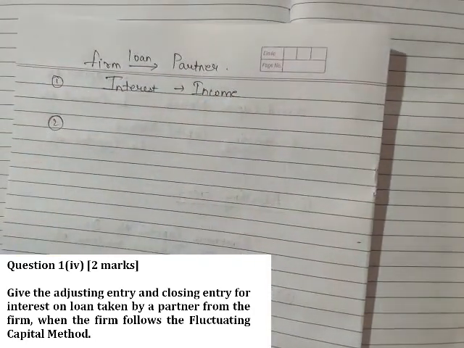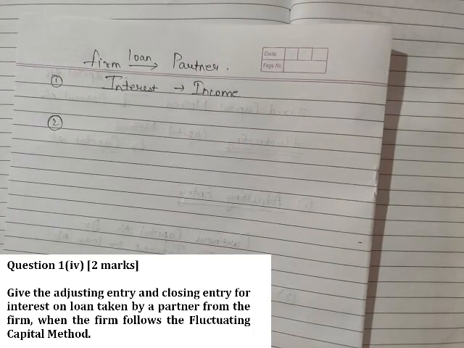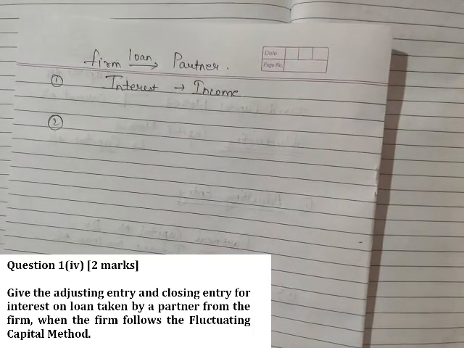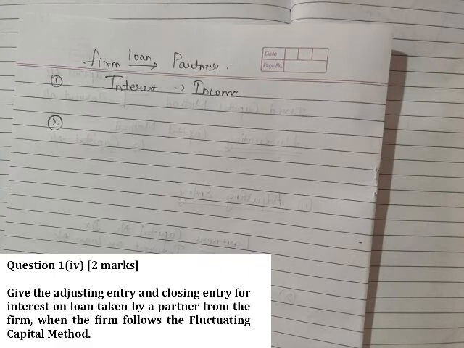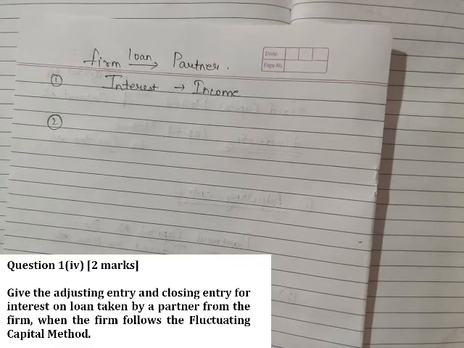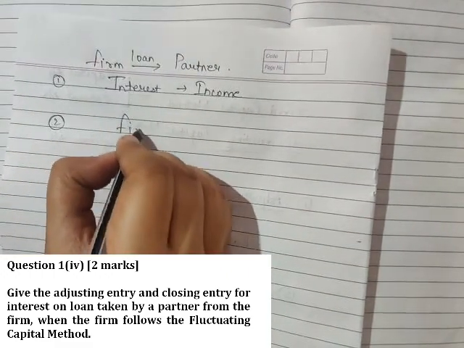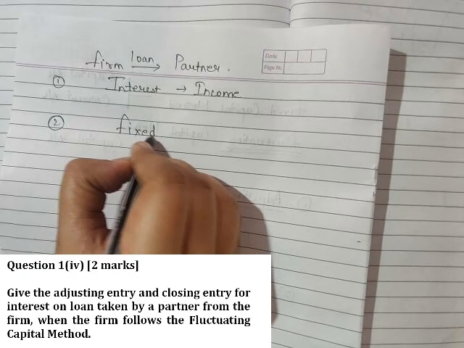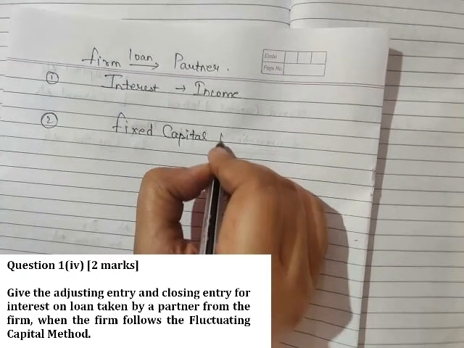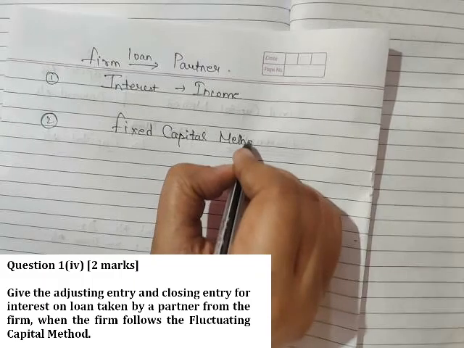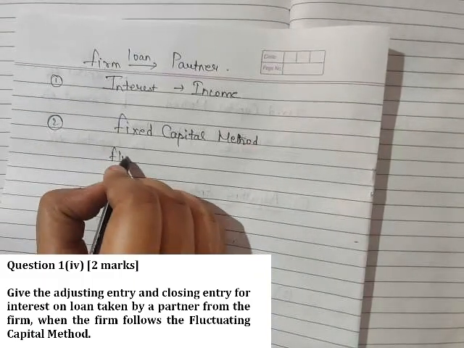Second, till date, we have studied there are two methods under which the capital account is prepared in a partnership firm. First is the fixed capital method, and the second is the fluctuating capital method.